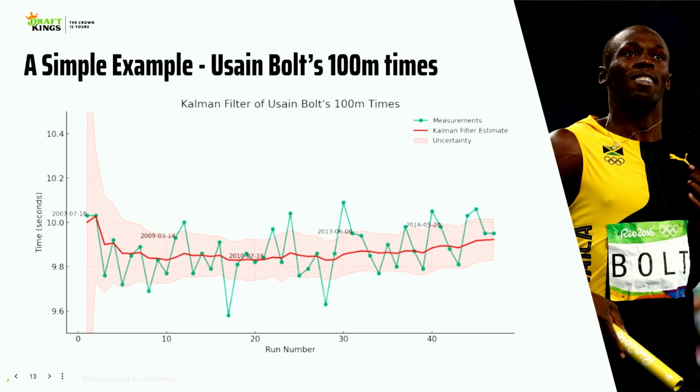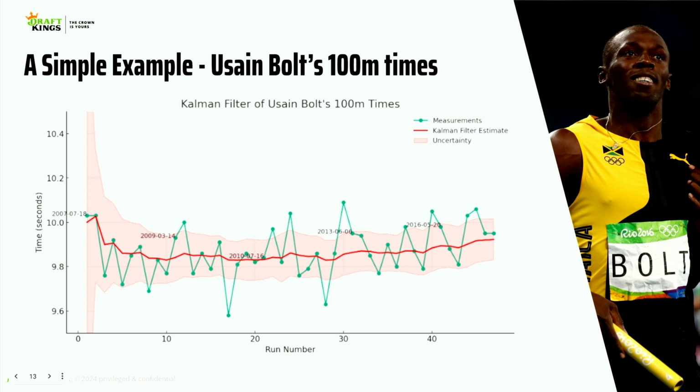At the start of his career, we have quite a lot of uncertainty, because we've never seen him run before. He could be very bad or he could be very good. As we see more observations of him, we get more and more certain about how good he is. And the red line, which is the prediction, does a reasonable job of staying in the middle of those green observations, which is what you want.